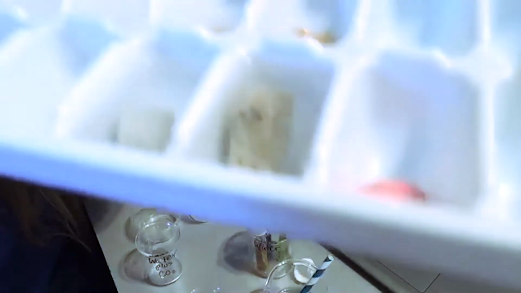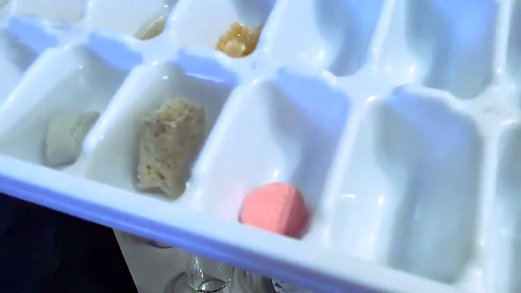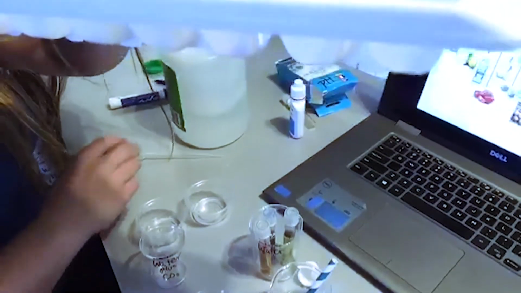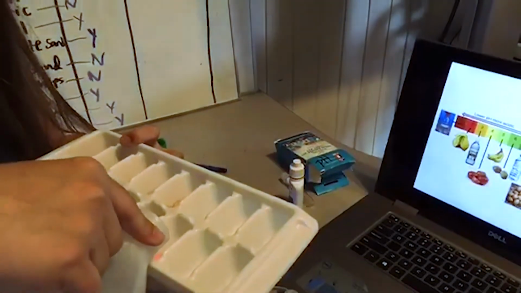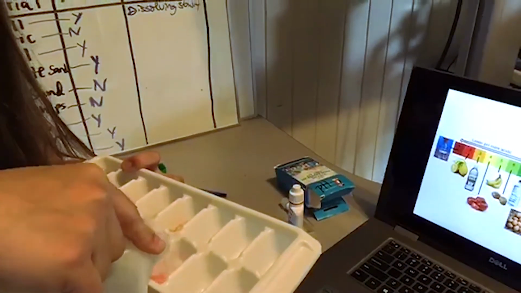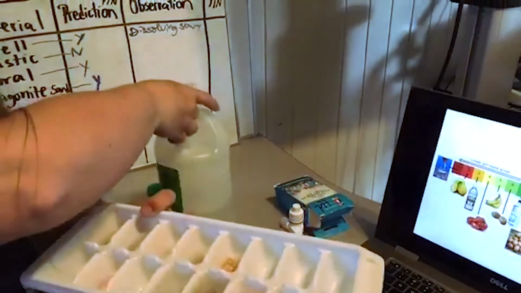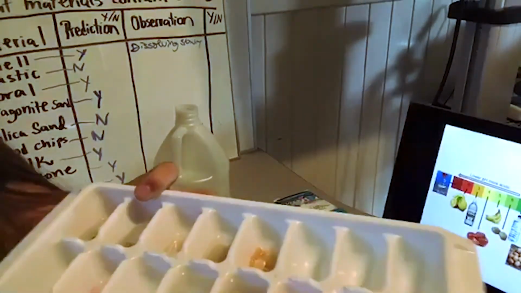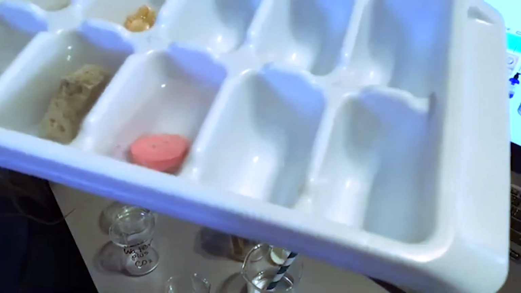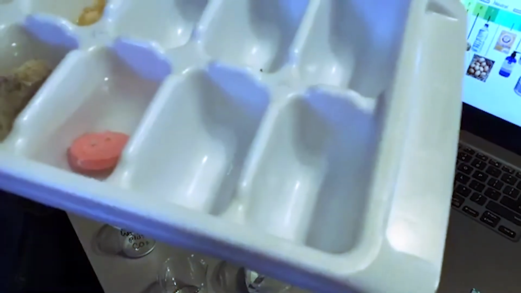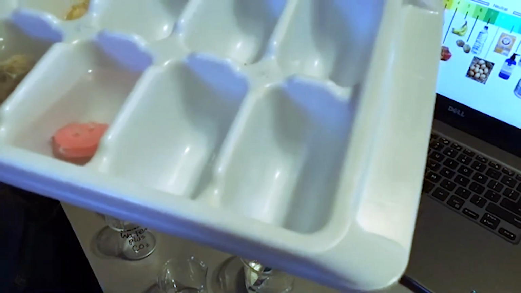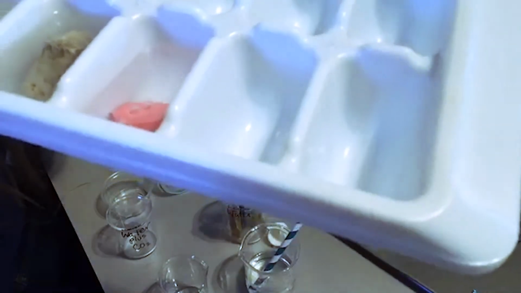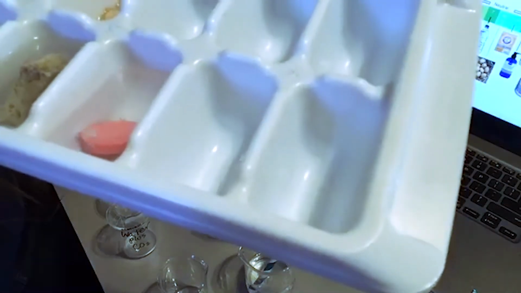And then finally I have a nice antacid here. Let's see if we get some pink foam. I'd be curious if I chewed up the antacid tablet, how that would make a difference.